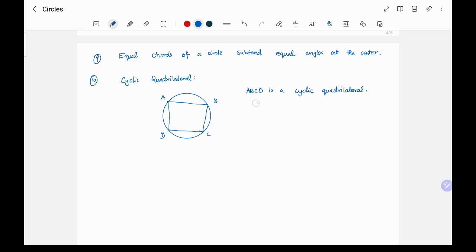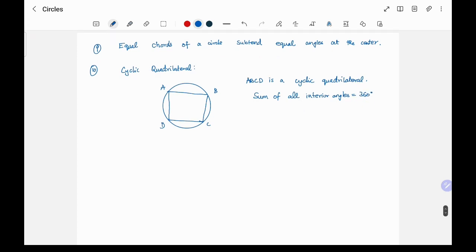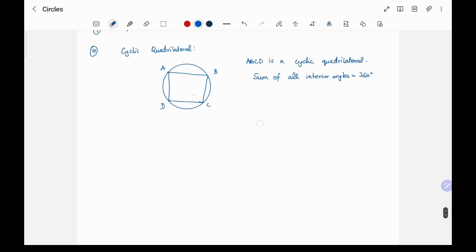For a quadrilateral, the sum of all interior angles is equal to 360 degrees. But for a cyclic quadrilateral, we get a more special property: angle A plus angle C is equal to 180 degrees, and angle B plus angle D is 180 degrees.